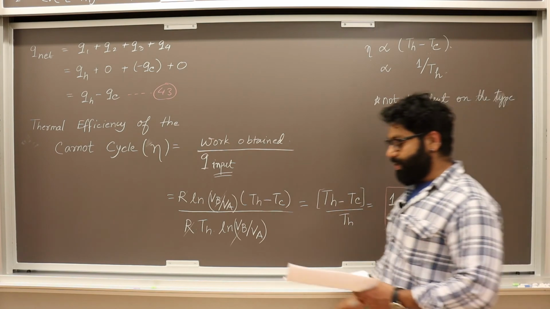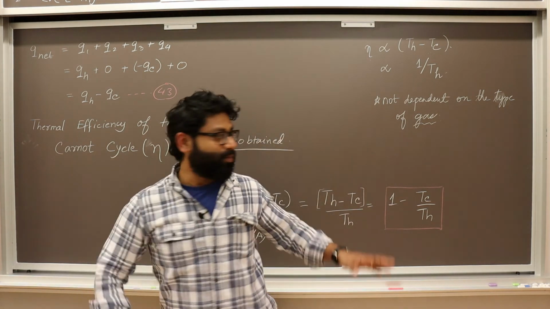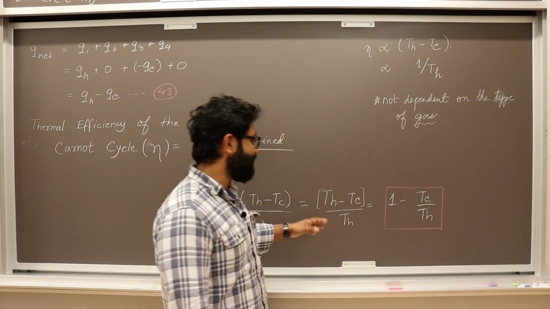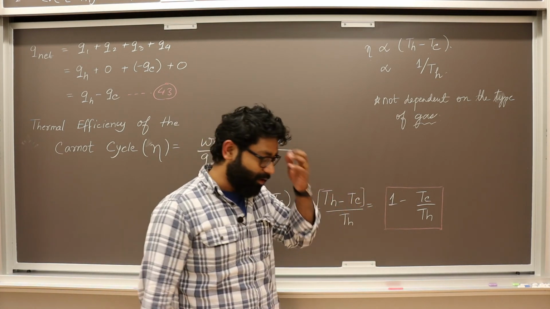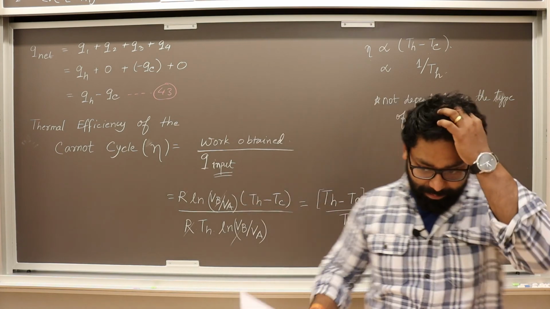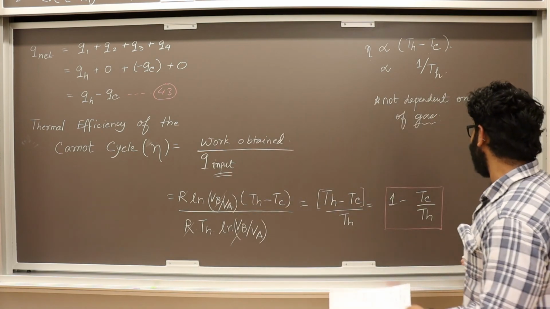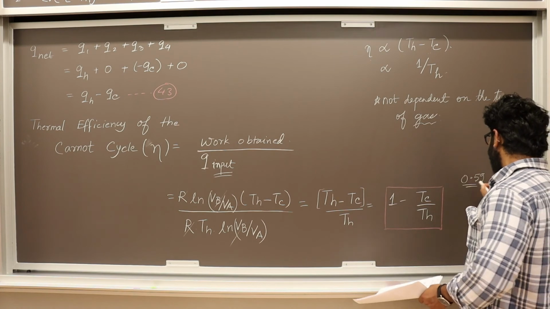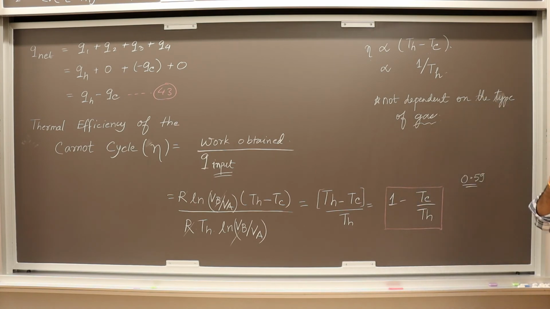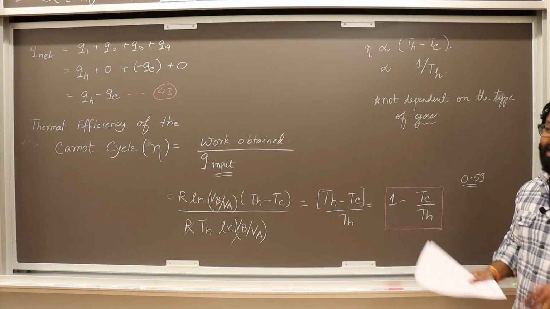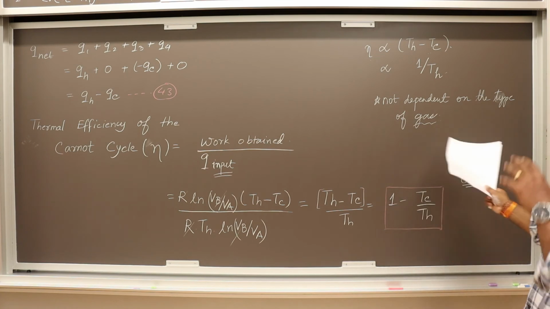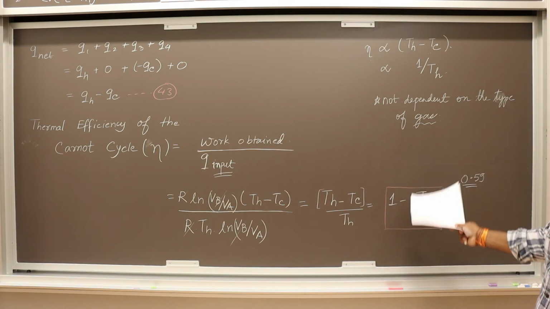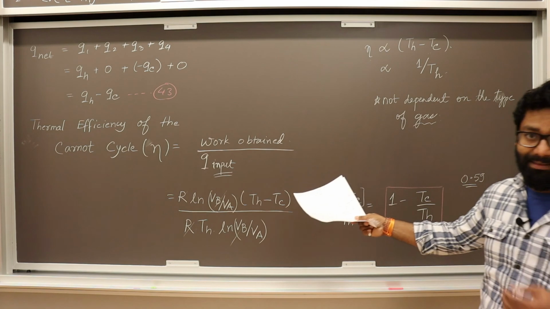Now, whatever this value turns out to be for that system, say it is 0.59, that doesn't mean you will reach 59% efficiency in practice.